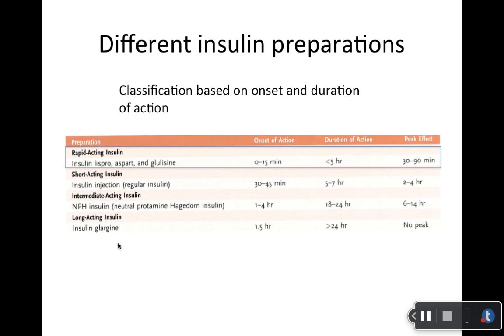The ideal insulin administration for a patient is going to be a long-acting one to give that basal background, plus a rapid-acting, or maybe short-acting to regular insulin, pre-meals, to help with the postprandial glucose spike.